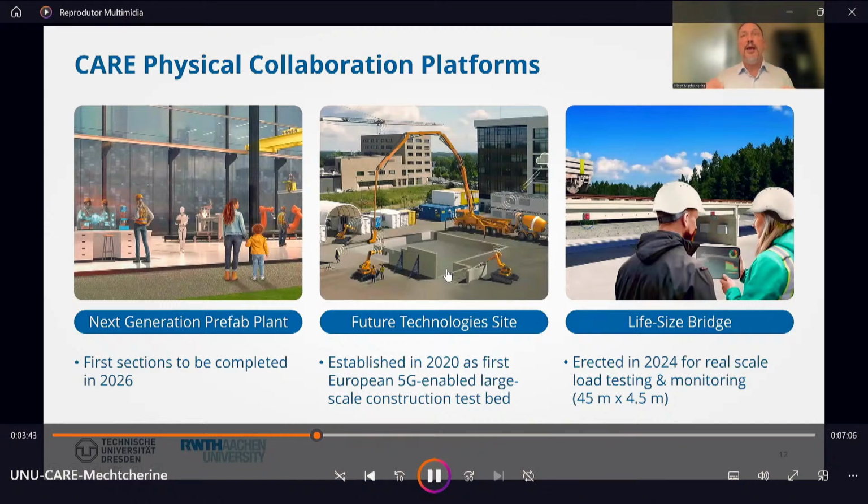Thus, CARE will validate and explore the game-changing paradigms through three physical innovation and collaboration platforms. While the next generation prefab plant is yet to be established, the other two platforms are already operational and will be expanded under CARE: the Future Technologies Experimental Construction Site at Aachen University and the CARE Life-Size Bridge near Dresden.